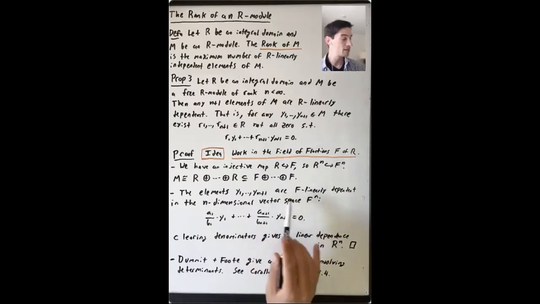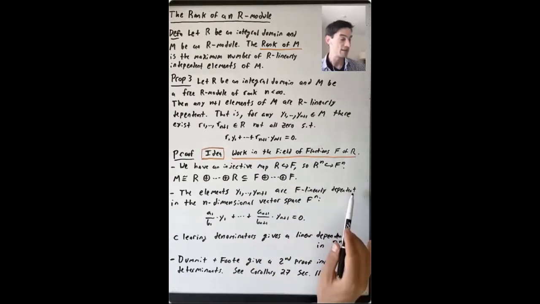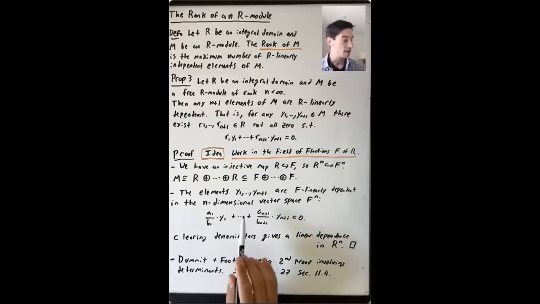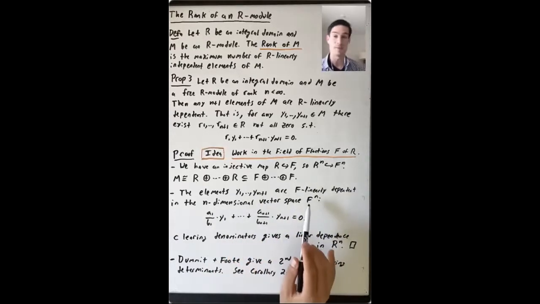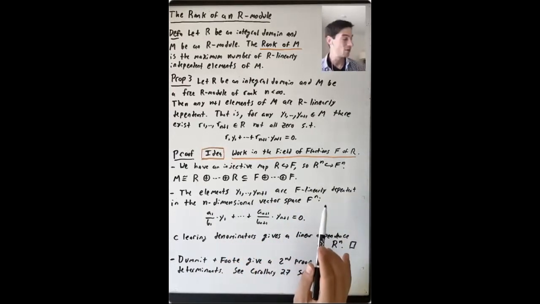And these elements are F linearly dependent. Why? Because F to the n is an n-dimensional vector space over F. And we know that the maximum size of a linearly independent set in an n-dimensional vector space over F is n.